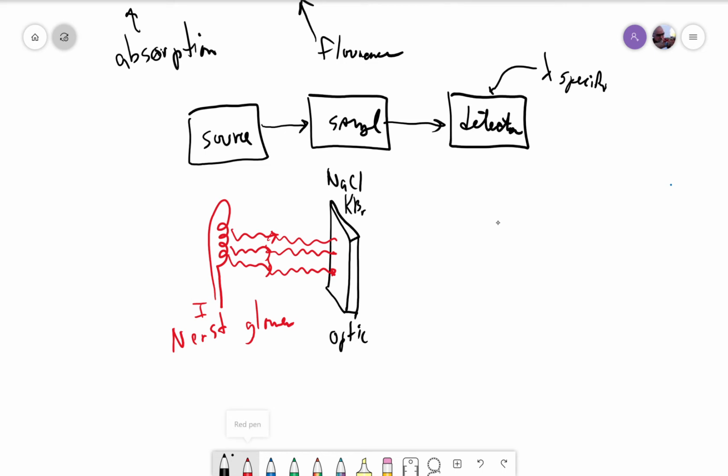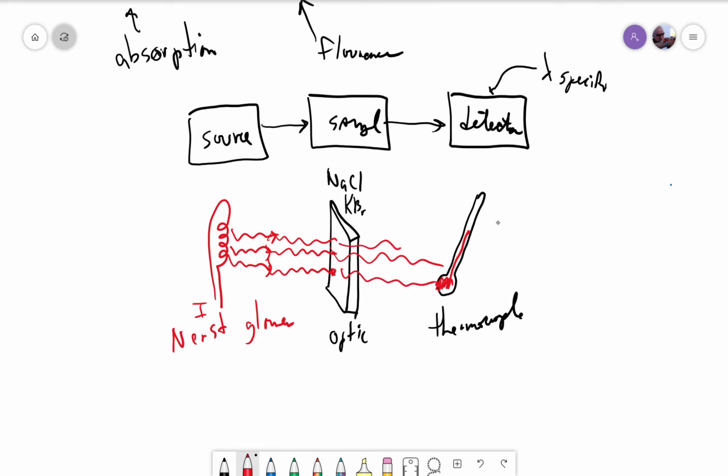The detector, we have to detect heat. So really, the detector is the equivalent of just a thermometer, a thermocouple, or some transducer that can convert heat into electrical current.